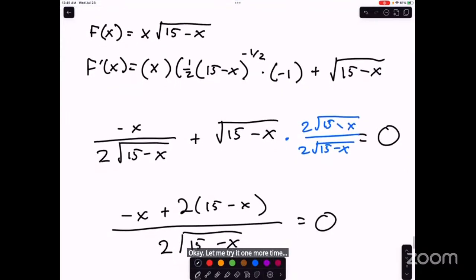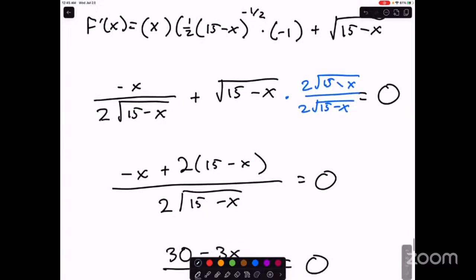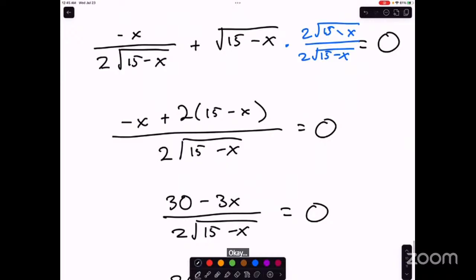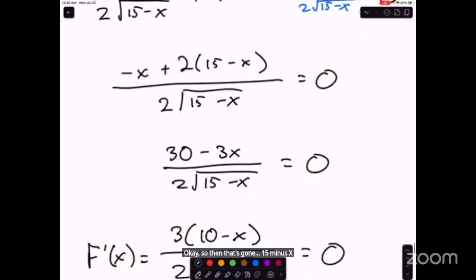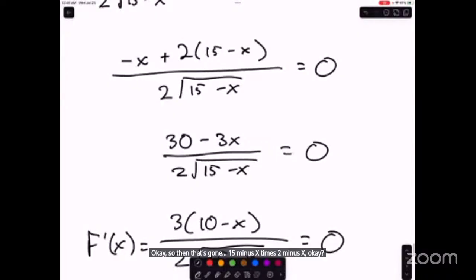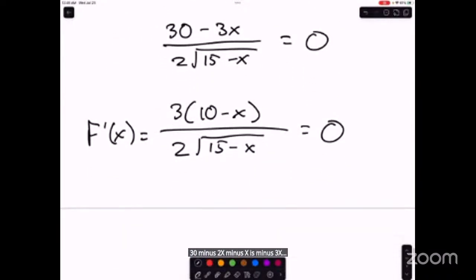Negative x on top, then we multiply by 2 root 15 minus x, so that's gone. 15 minus x times 2 minus x: 30 minus 2x minus x is minus 3x. So 10 minus x.